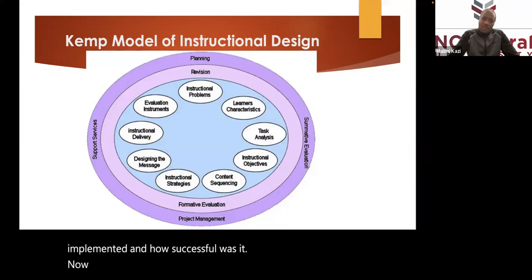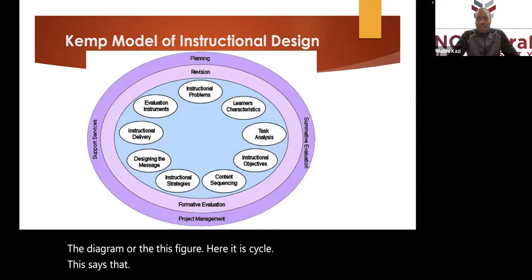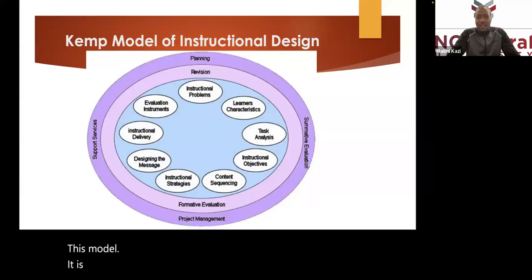Now, as you can see, the diagram or this figure here is a cycle. This says that this model can repeat itself. It is a cycle model.